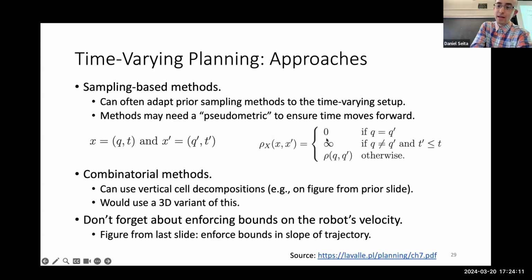Now it will be infinity if they're in different configurations and the T prime is less than or equal to T, because we need T to be before T prime. I think that's what this is trying to do. So your cost is going to be infinity, so you cannot connect X and X prime in your graph, or in your tree.